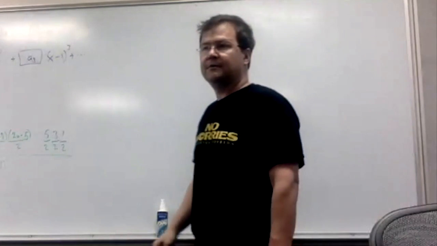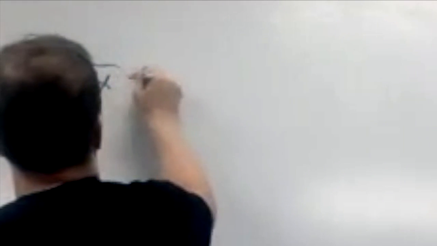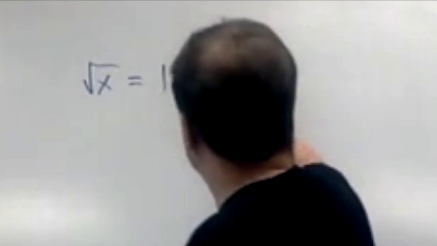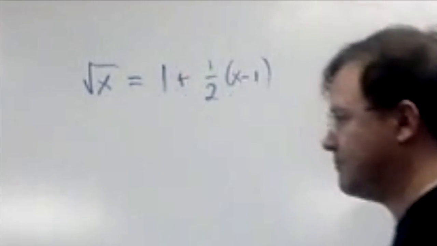So, in other words, I can now see that square root of x could be rewritten as 1 plus 1/2 times x minus 1. Right?